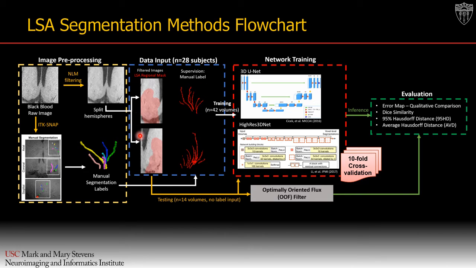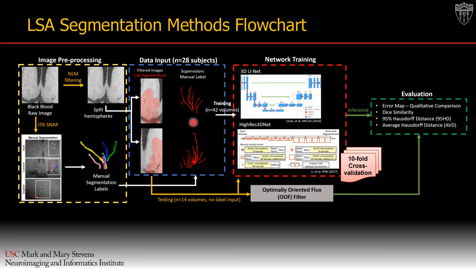The data input consisted of the non-local means filtered black blood images, the manual segmentation label as supervision, and an LSA regional mask, created by dilating all the manual labels and taking the common region to help the model localize the subcortical region of interest while avoiding other dark areas such as the ventricles.